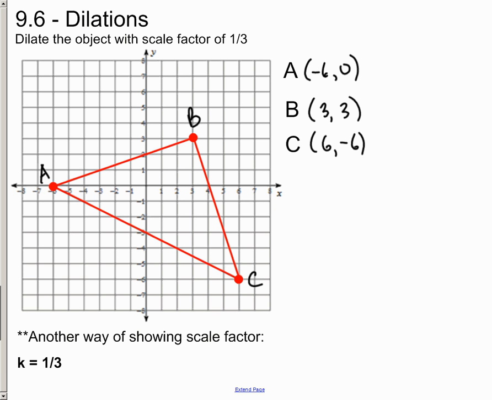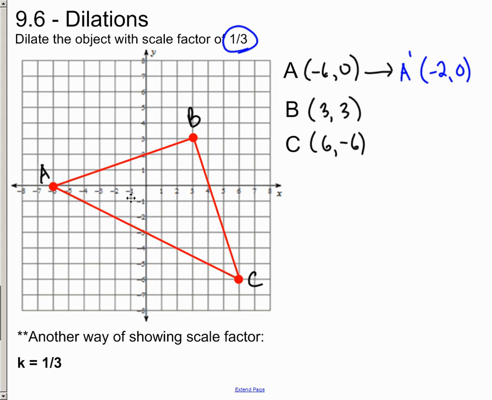So then what we have to do is go through and multiply those ordered pairs by our fraction. So 1/3 times -6 is going to be, well, let's see, this will be the new location of A prime, so I'll put A prime there. -2, and 1/3 times 0 is 0.